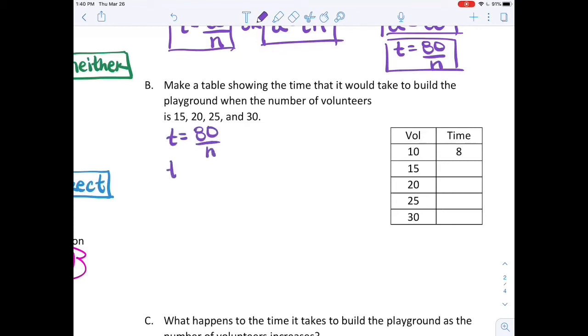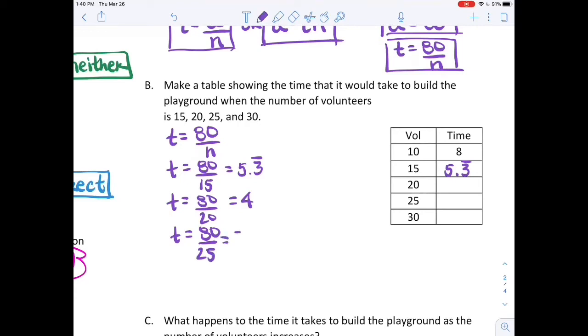So when we have an N value, a number of volunteers, equal to 15, it's only going to take 5.3 hours. And that 3 is repeating if you stick that in your calculator. So I'll go ahead and note that. Whenever we have 20 people working on it, it only takes 4. When we have 25 people, 80 over 25, then that is 3.2.